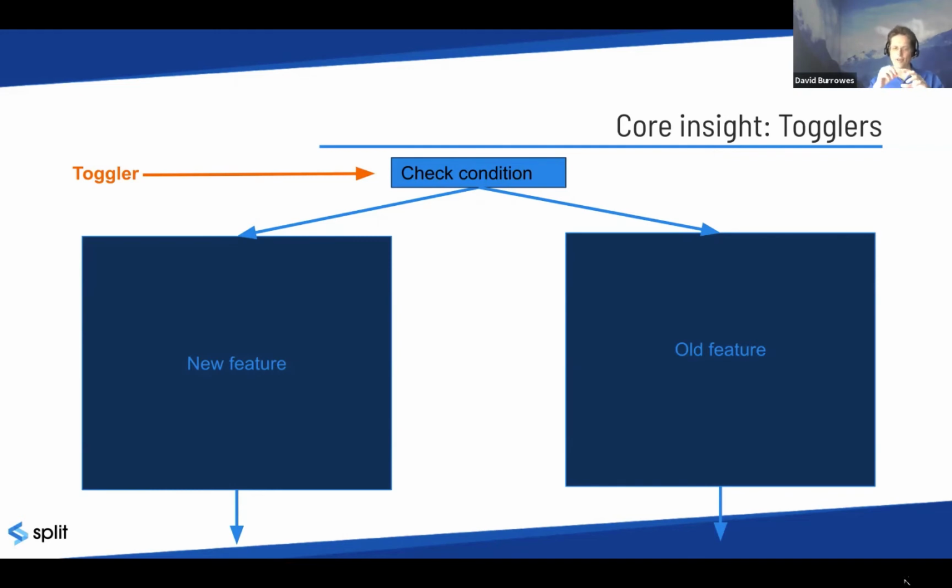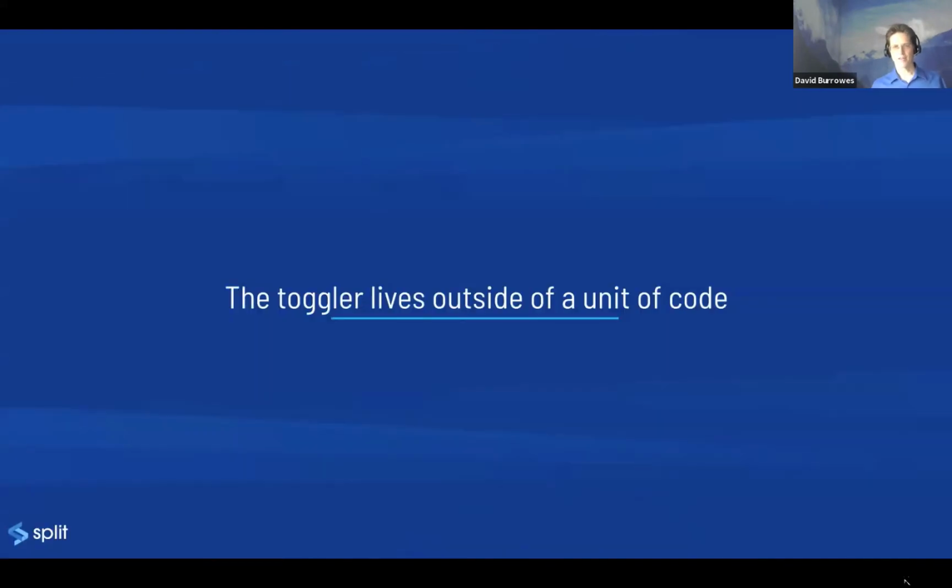So rather than taking your function and embedding your check inside of it, you just duplicate the entire function, add the new code to the new one, and then when the call comes in, it goes through the toggler and then executes one of the other functions. The key insight here is that the toggler, which is say the feature flag, lives outside of your unit of code.